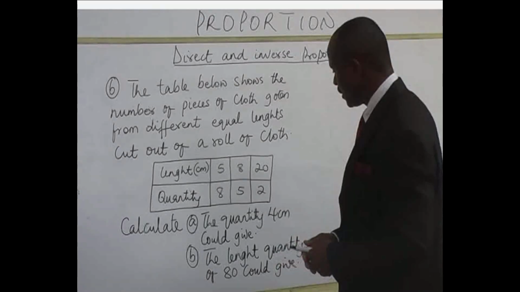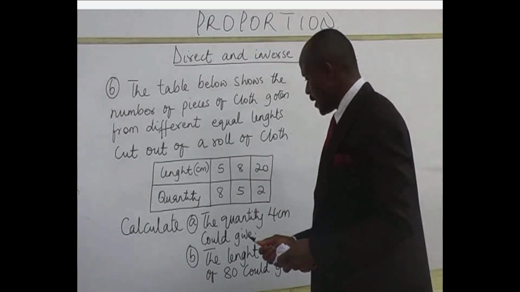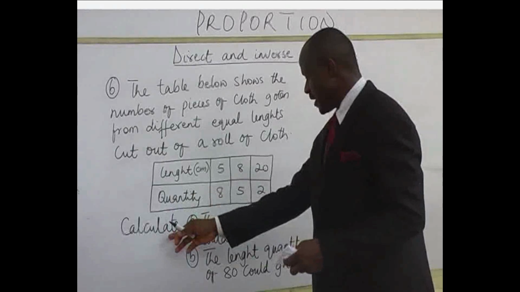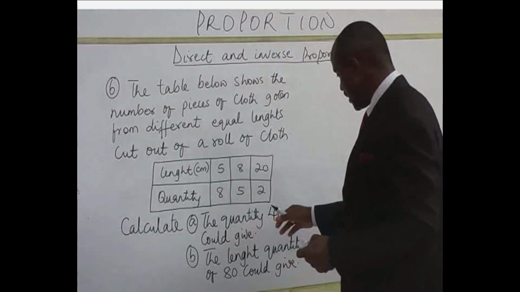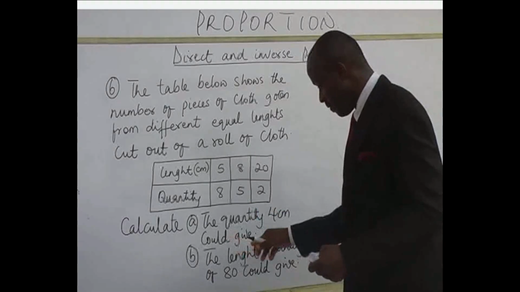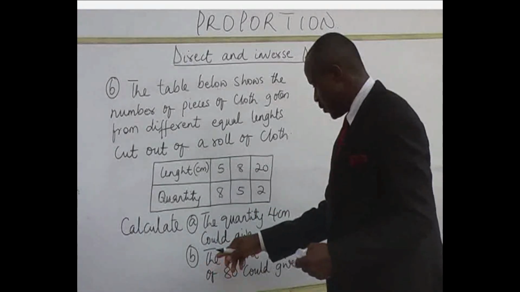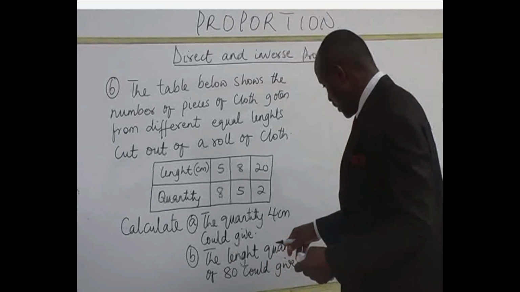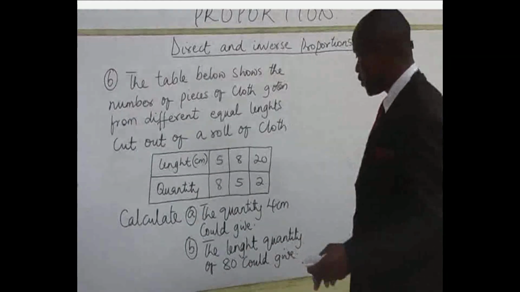Now, the question said that we should calculate the quantity in A, the quantity a length of 4 cm could give. B said that we should calculate the length a quantity of 80 could also give.